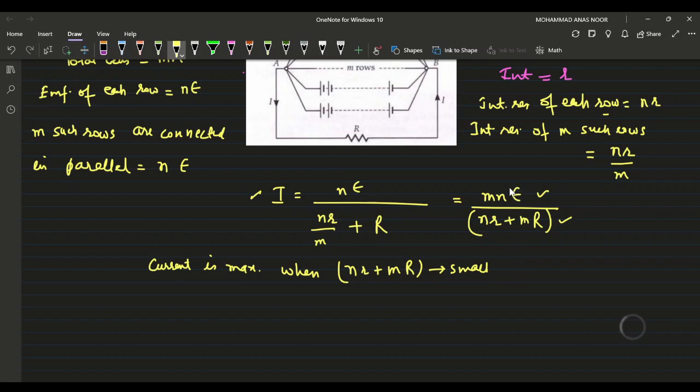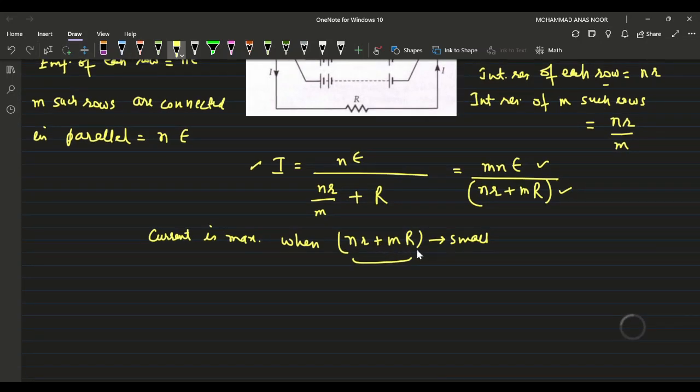See, this E has nothing to do, it is already a constant. That's why we are not talking about the numerator. This is variable, no? So that's why we need to talk about the denominator. If this is small, the current would be maximum.